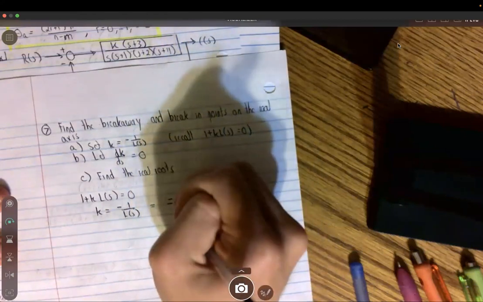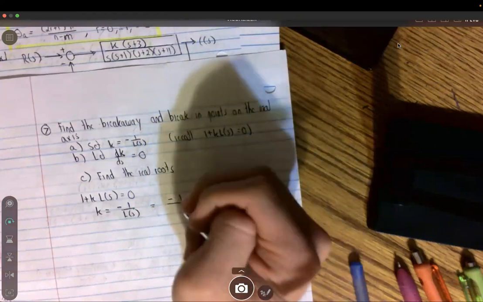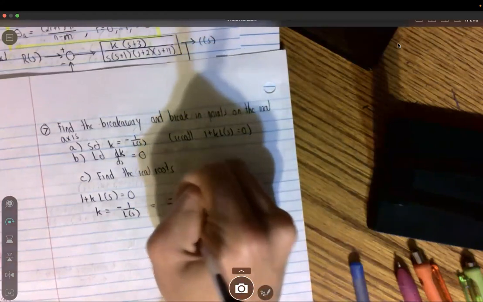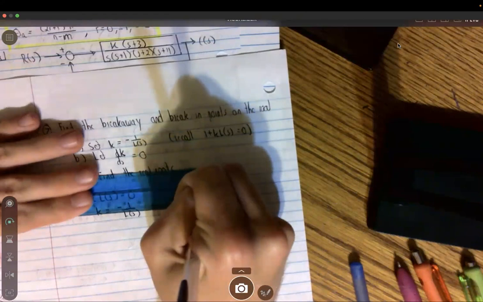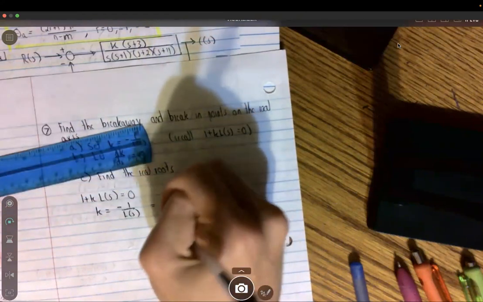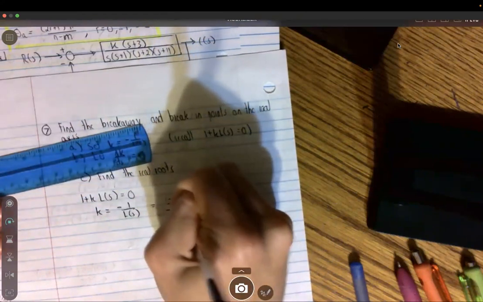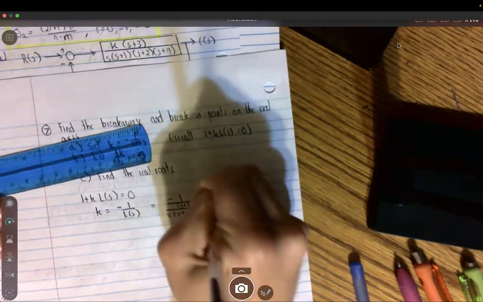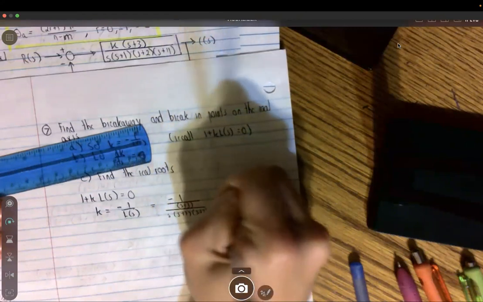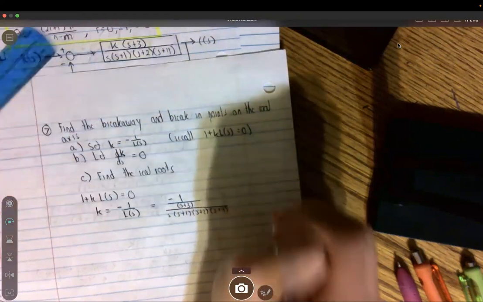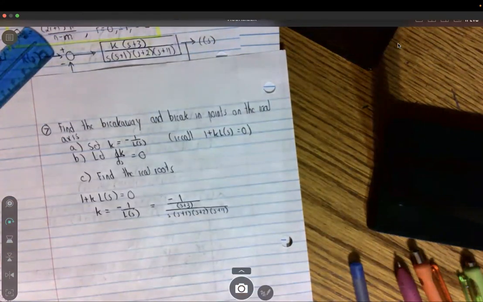And our L of s, just plugging in, is -1 all over s plus 3 all over s times s plus 1 times s plus 2 times s plus 4. With that knowledge, we're able to move what's in our denominator up to the numerator.